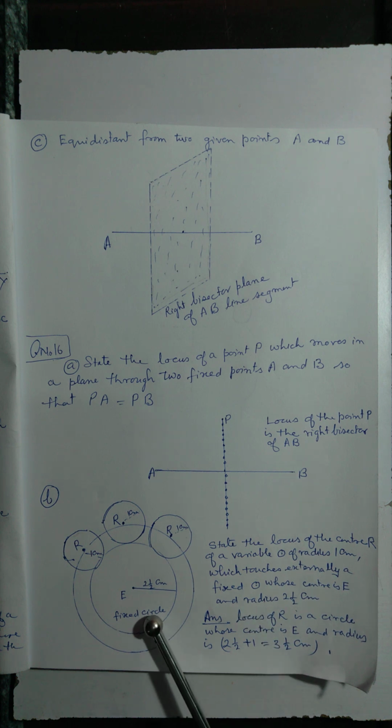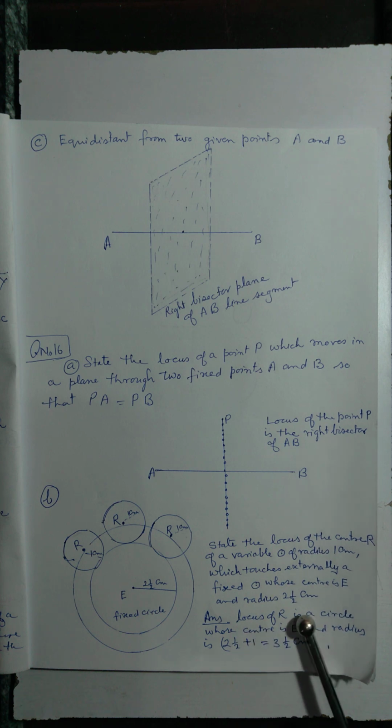What is the fixed circle? The inner circle, whose center is E and the radius is 2.5 centimeter.